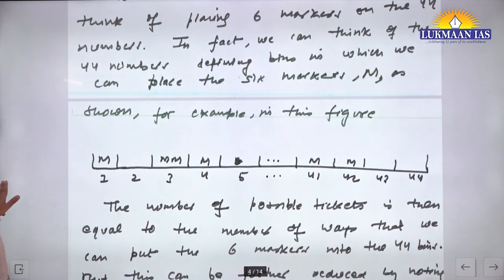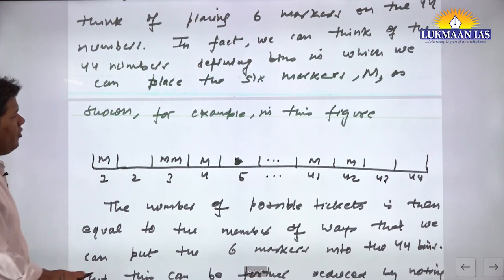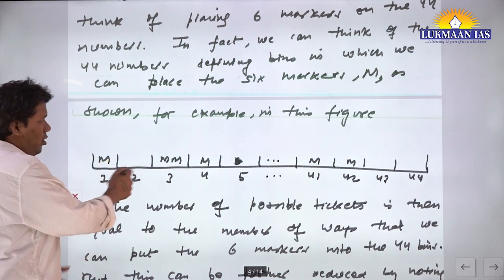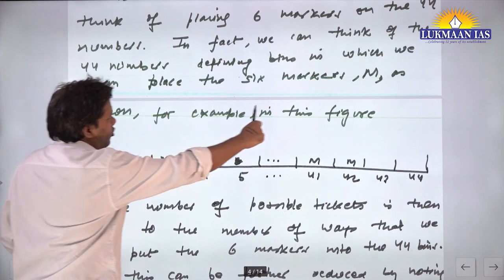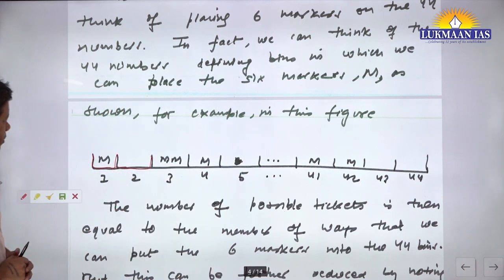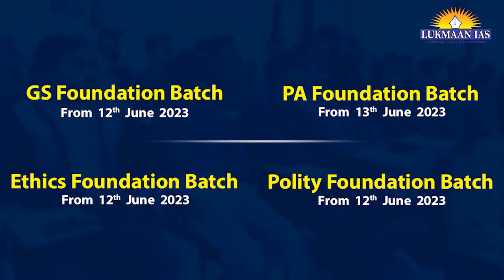So what is happening? Let us imagine there are 44 bins, and you are placing those markers here, right? For this unordered and with replacement case, you have to simply look at the arrangement of these markers and the walls of the bins.